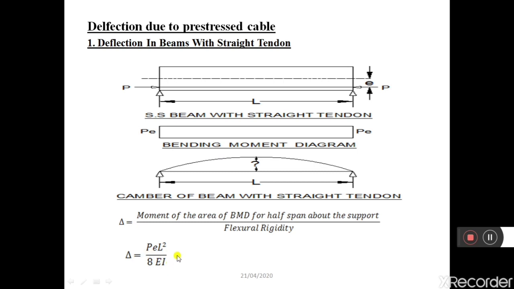So the final equation will be PEL square by 8EI. This is how the equation for delta is derived, taking the moment about the support for half of the span of the bending moment diagram. This is the equation for a beam which is provided with a straight tendon with an eccentricity of E.